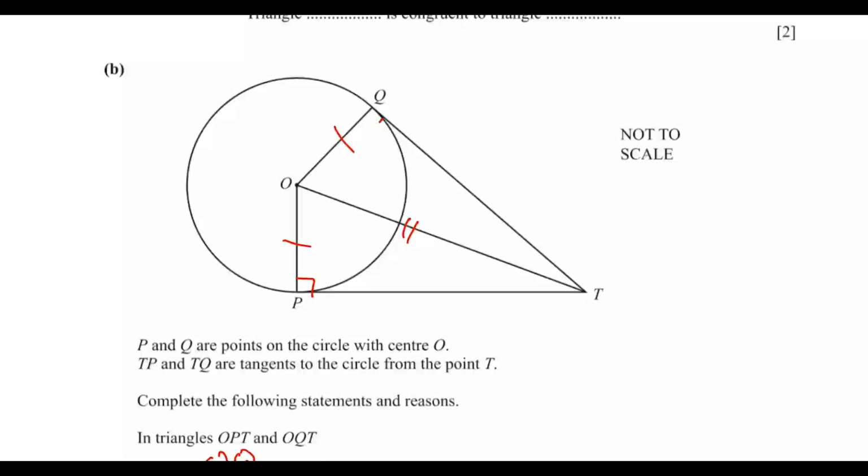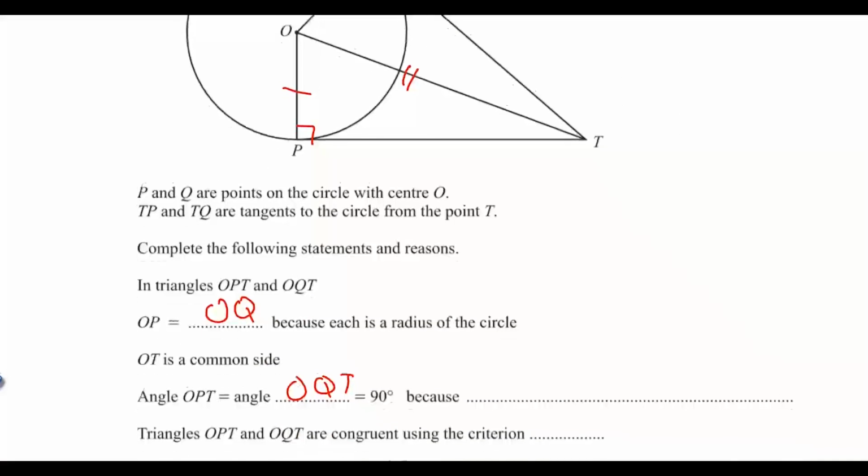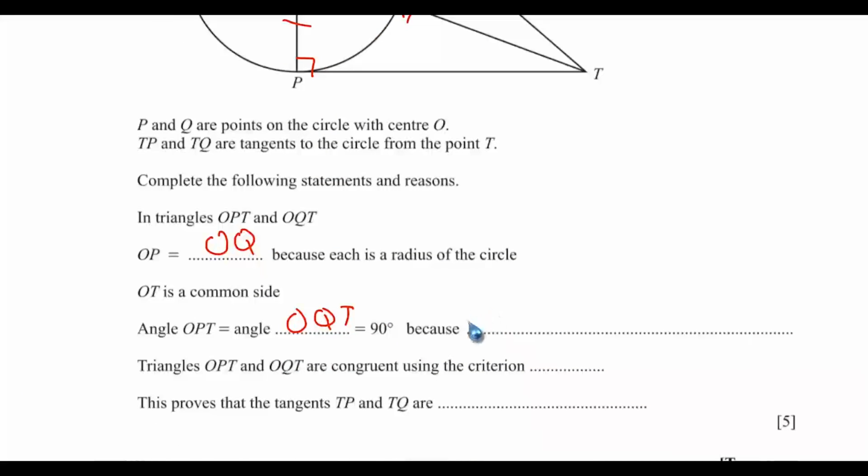This is also an angle between the radius and the tangent, so they are both 90 degrees. So we can say angle between a radius and a tangent.